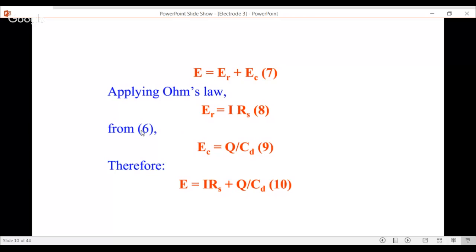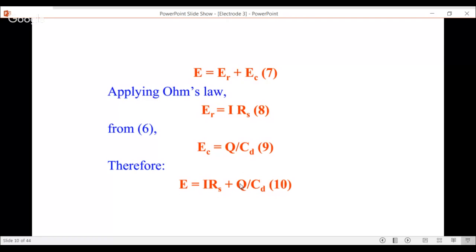From equation 6, the potential across the capacitor is Q by Cd, because Q is equal to Cd into E. So E is the potential drop across the capacitor, given the charge accumulated by the capacitance. Therefore, the total potential is the IR drop across the resistor plus the drop across the capacitor.